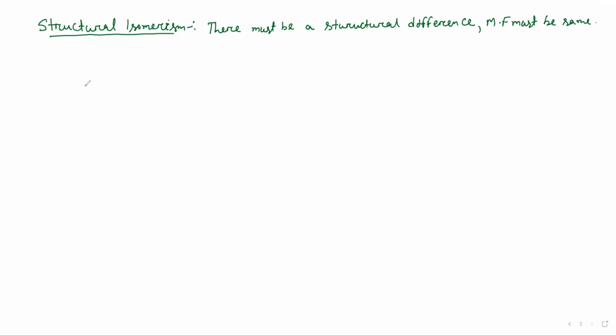Directly we will switch to the first category of structural isomerism, that is chain isomerism. Yes or no?